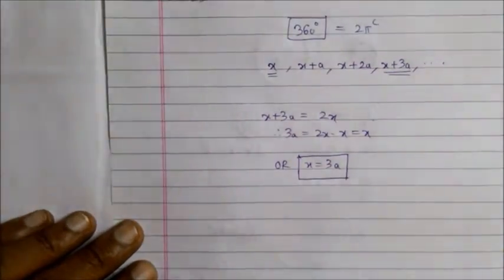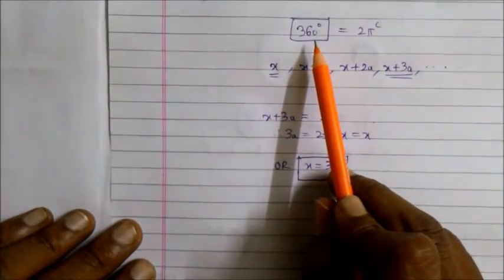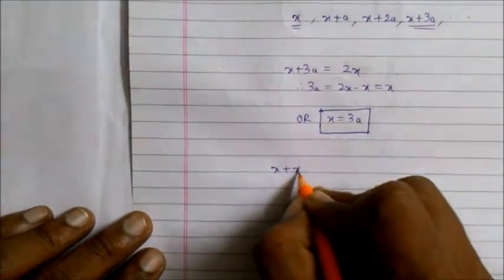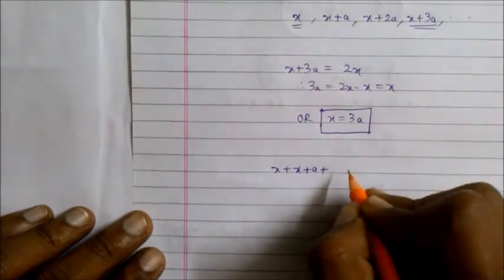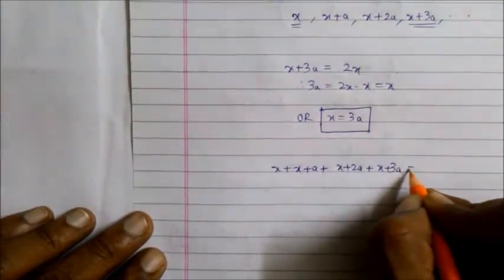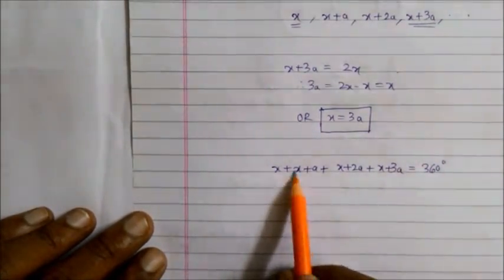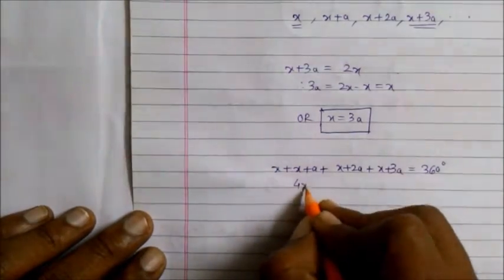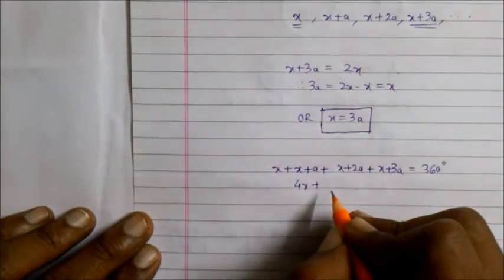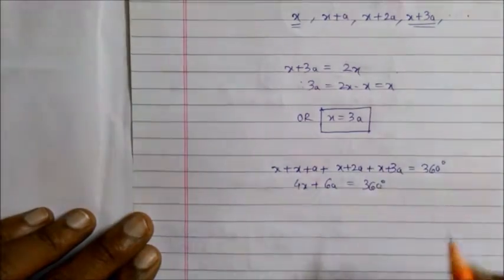So x is equal to 3a. Now using the property that the sum of all angles of a quadrilateral is 360 degrees, I can write x plus a plus x plus 2a plus x plus 3a equal to 360 degrees. Counting the number of x's: 1, 2, 3 and 4, so it will be 4x, and counting the a's: a, 2a and 3a, so in total there will be 6a, equal to 360 degrees.